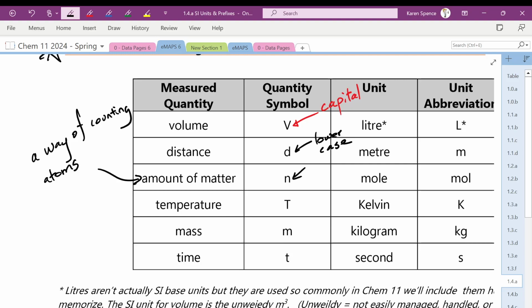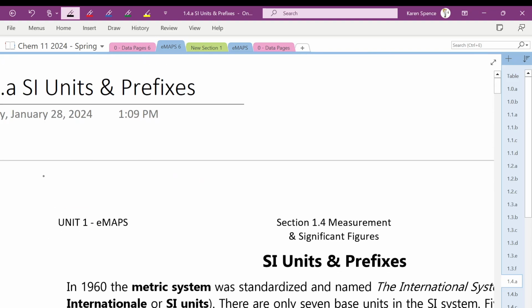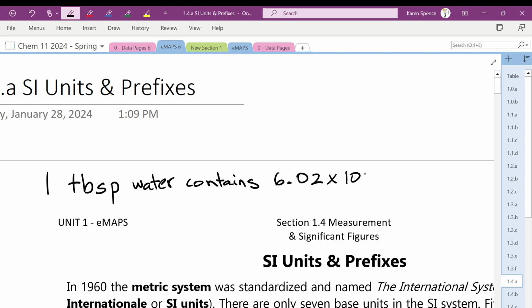1 tablespoon of water contains 6.02 times 10 to the 23 water molecules.